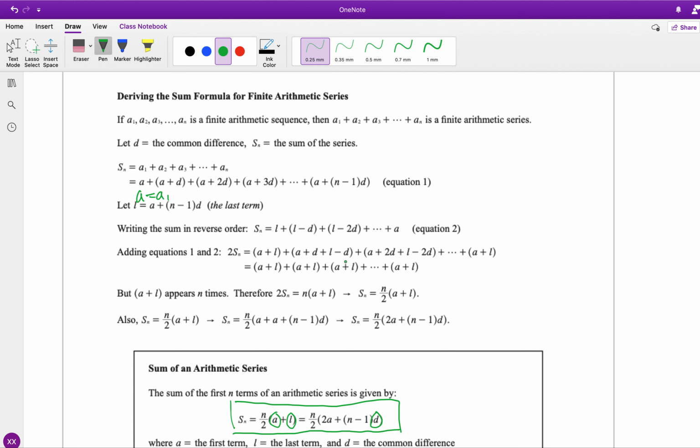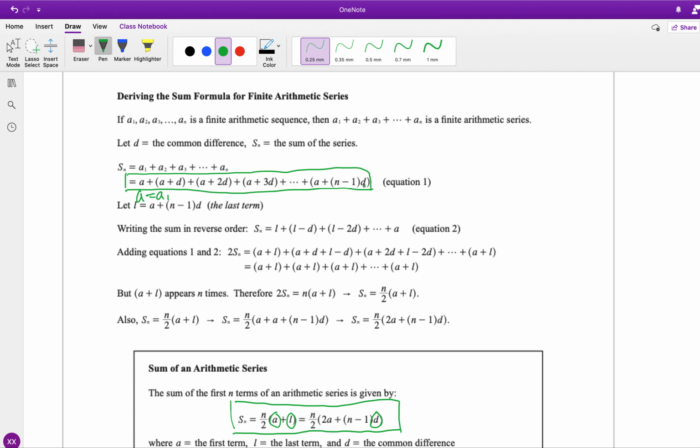I do a different proof compared to your textbooks. In this case, if I take a look at this one here, how many d's are here?